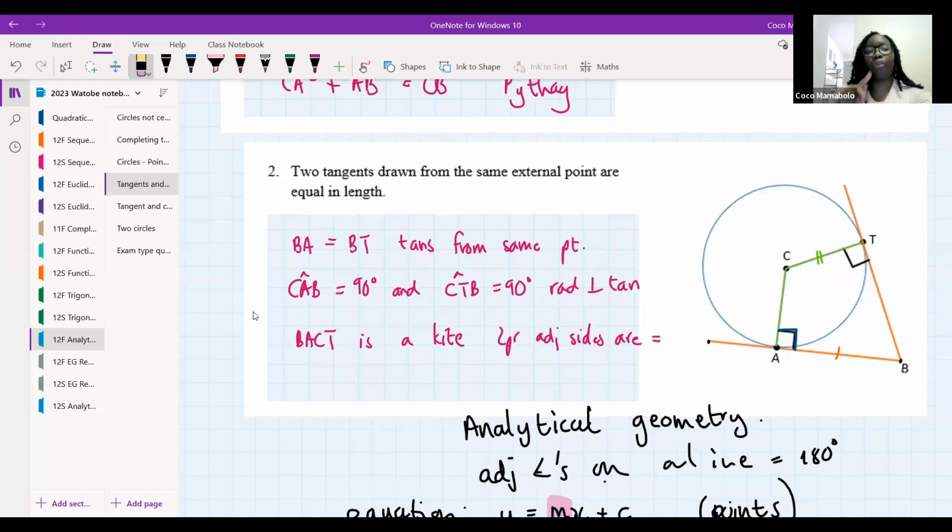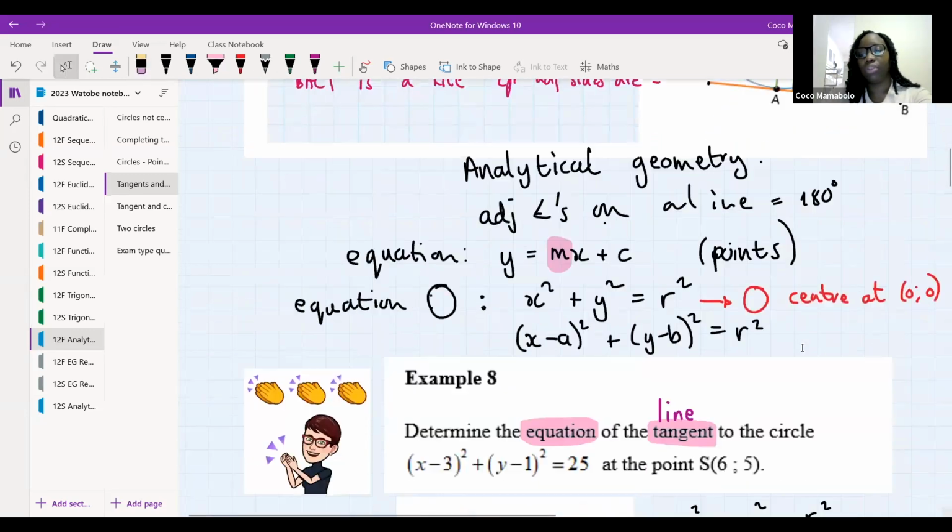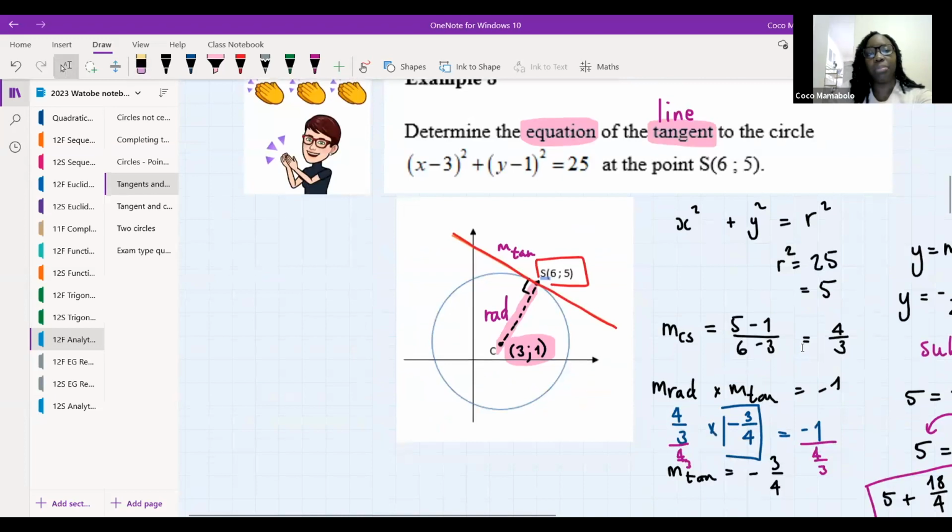Yes, because 3 and 1 is not part of our tangent. 3 and 1 is the circle center, and the circle center is not on our straight line. So we use the points that are on the straight line, and we can't use this one. Okay, you're very welcome, my sweetie.